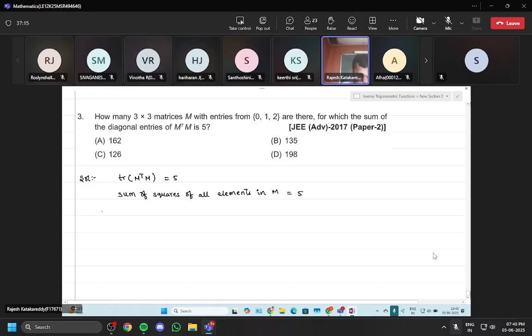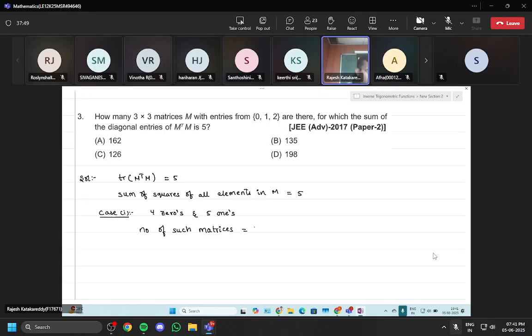Now do case 1: four zeros and 5 ones. In this case, the number of such matrices you can write as 9c5 or 9c4, right?